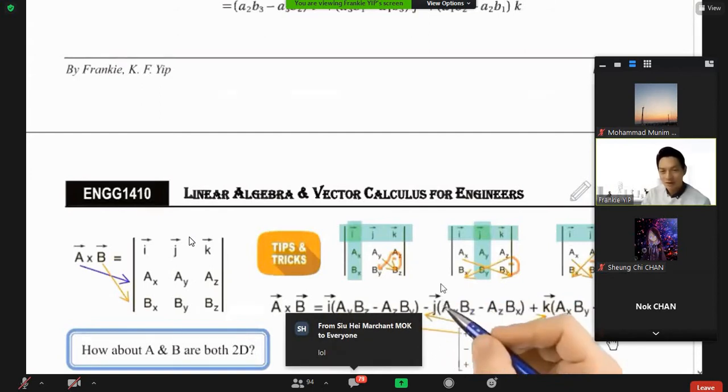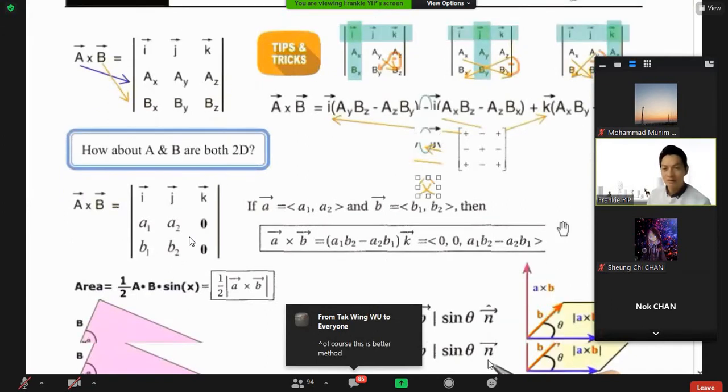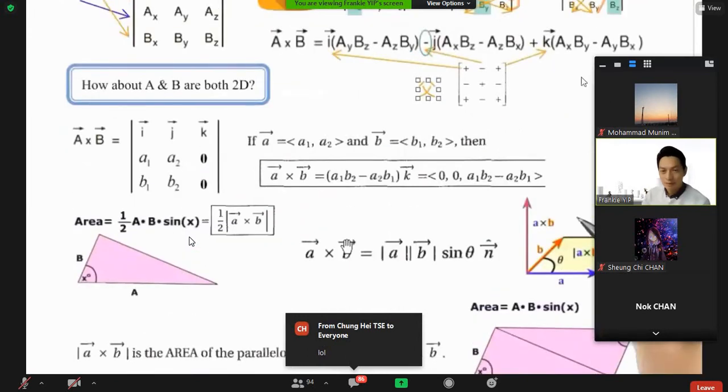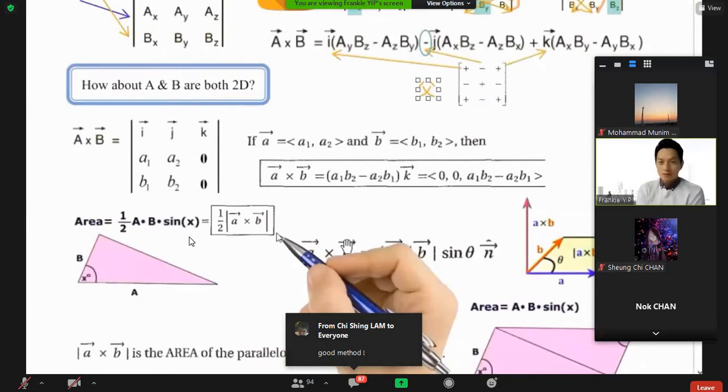Every father should have this one, otherwise you cannot be born. Yeah, but if you don't know why, forget it. If you cannot use this method, forget it. It's just a trick I use to remember.